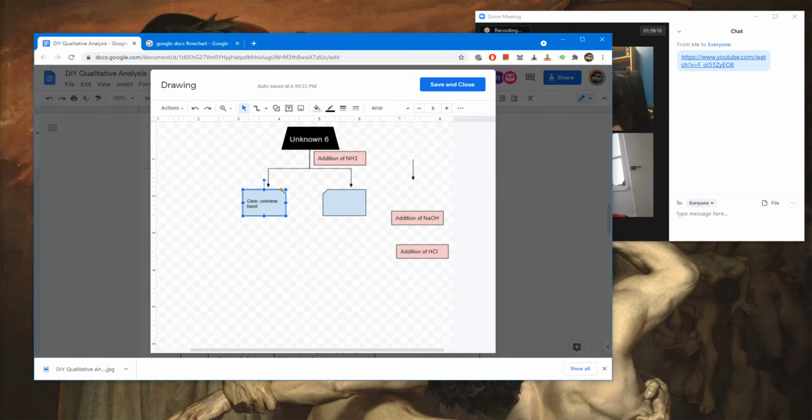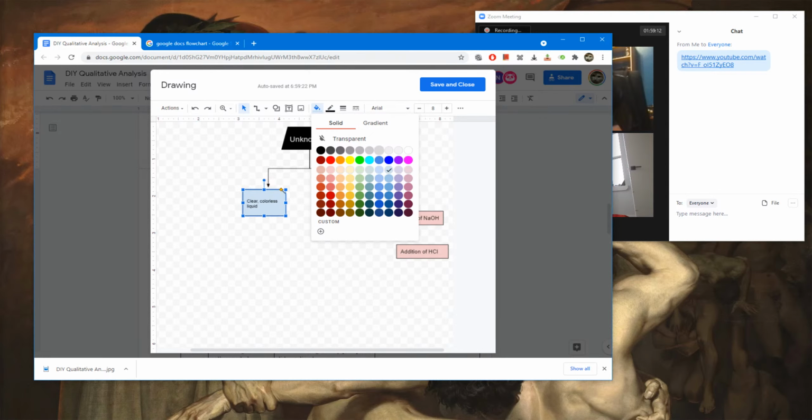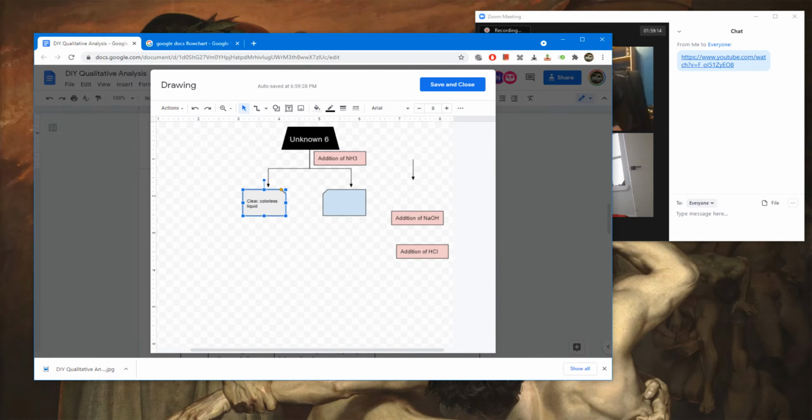So cations found in this unknown 6: aluminum 3+ and iron 3+. So we found 2 of the 4.